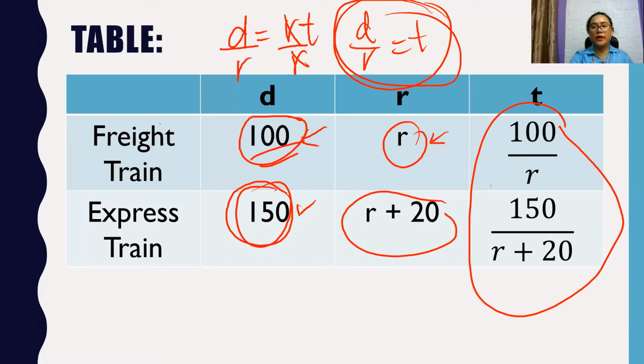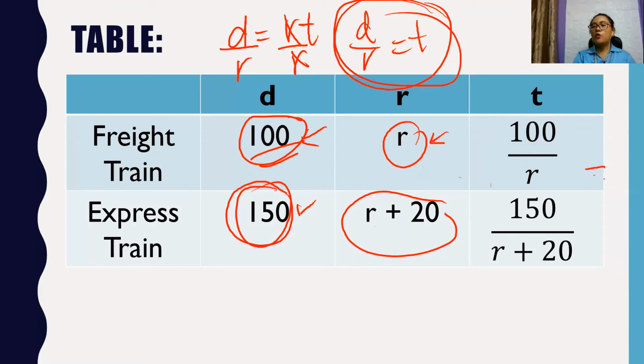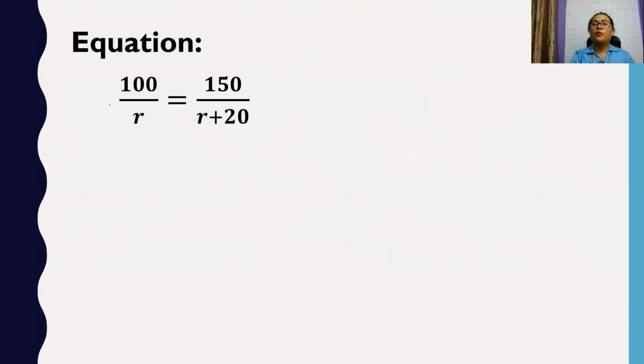So we can equate this one here. So 100 over R is equal to 150 over R plus 20. So, yung equation nyo ngayon ay ganito na. We equate kasi same yung time.